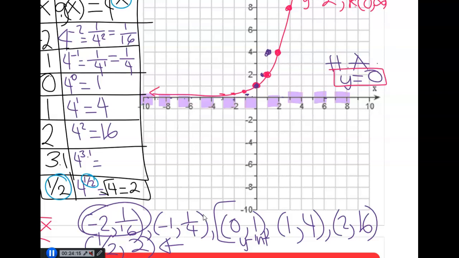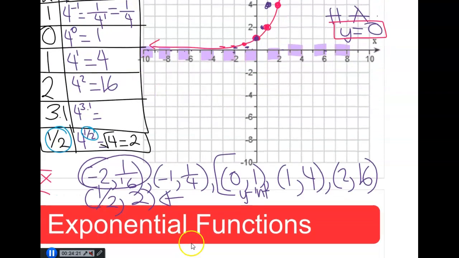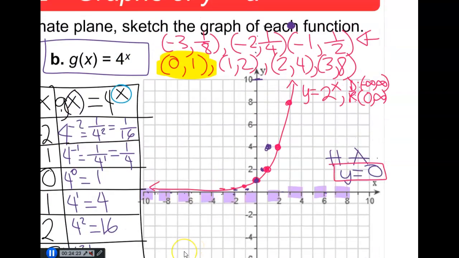But as long as you do not touch the x-axis, that's okay, because remember, the x-axis is representing the horizontal asymptote. And then here, same thing. We're not touching the x-axis.